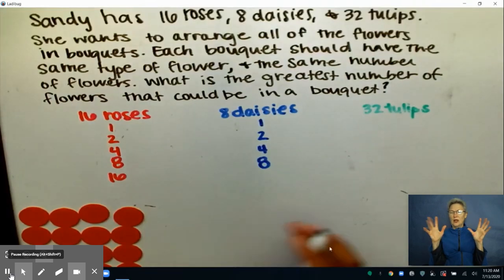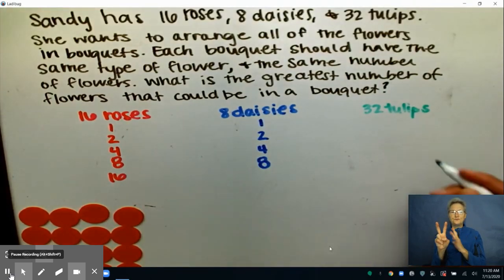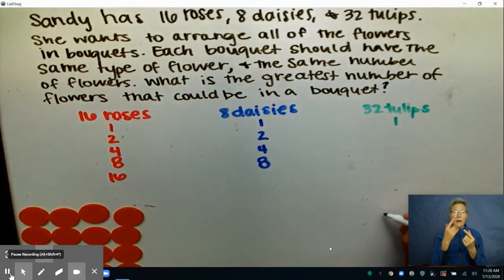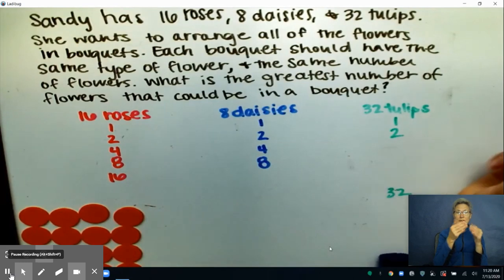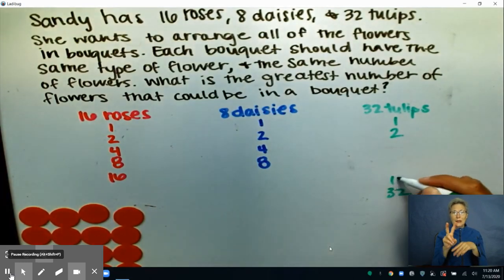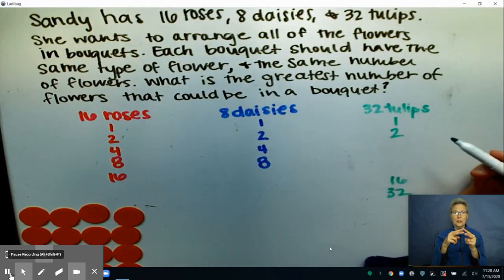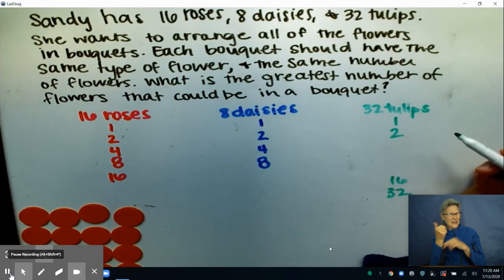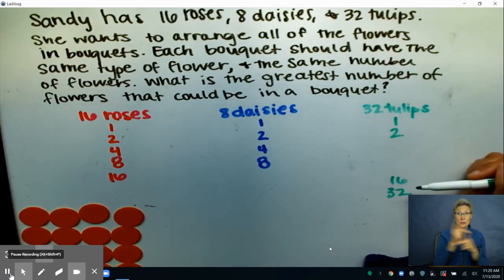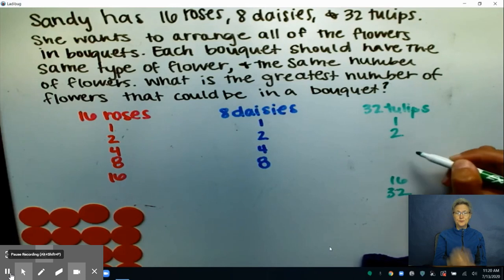All right, and let's move on to our last group of flowers, our tulips. So I know factor pairs for 32 are 1 and 32. I also know that 32 is divisible by 2 because it ends in an even number. And I know that 2 and 16 are factor pairs. If I wasn't sure of that, I might know that 2 and 15 are factor pairs for 30. They make the product 30, so that can help me get to 2 and 16 as factor pairs for 32.